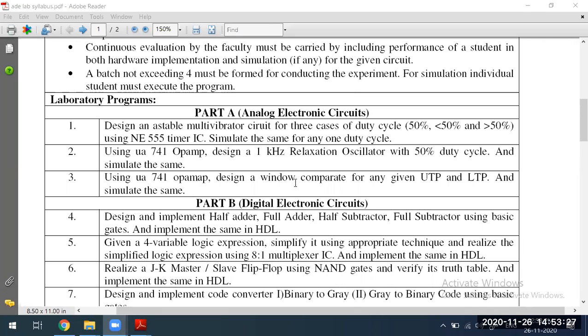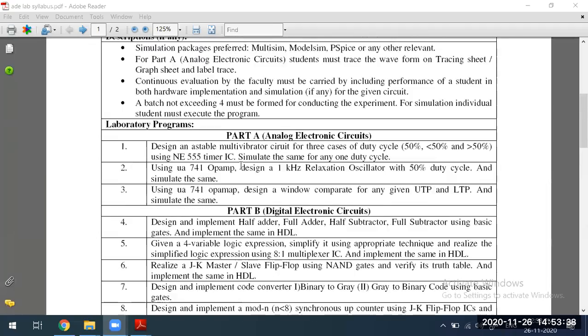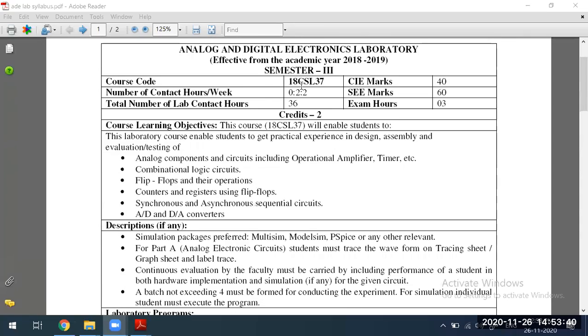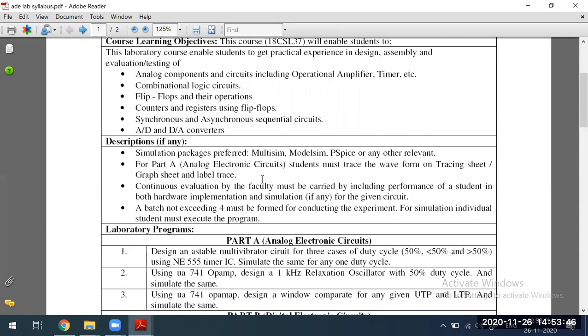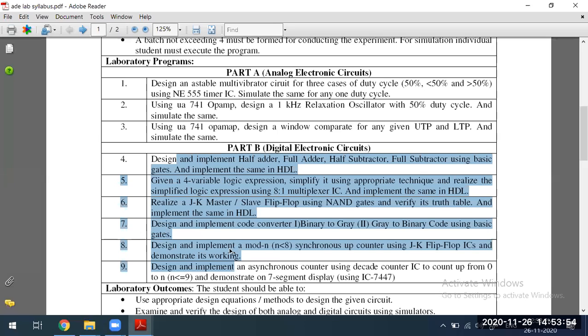See here, totally there are 9 experiments. I think you have already seen all these experiments, but once again, I will show you the syllabus. The subject code is 18 CSL 37, and the number of experiments are 9: 3 analog experiments and another 6 digital experiments.